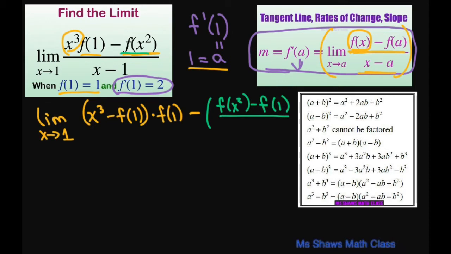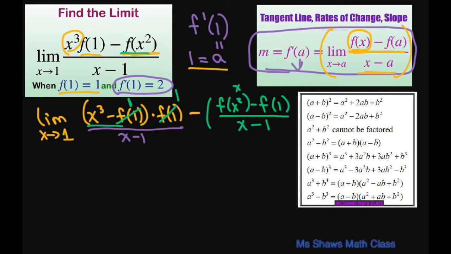And then our x, we're just going to put x minus 1, because this is like your x minus your a. And this is x minus 1 as well. Now f of 1 is just 1, so I'm going to put a 1 there.